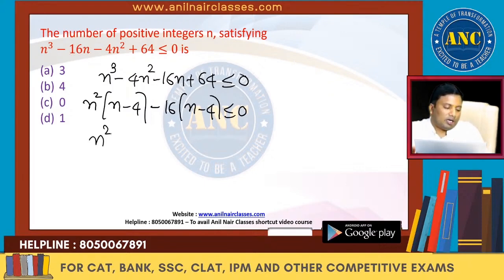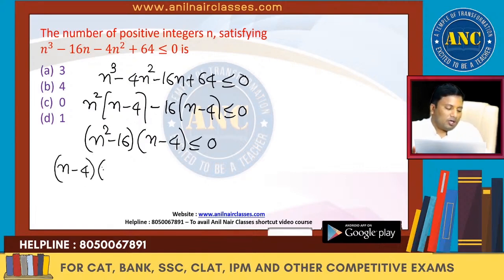This is nothing but n square minus 16 into n minus 4 less than or equivalent to 0. This is nothing but n minus 4 into n plus 4 into n minus 4 less than or equivalent to 0.